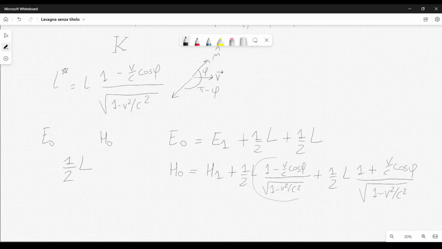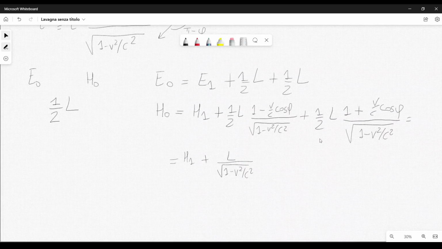Now if we put these two together, we simply get that this is equal to H1 plus L divided by the square root of 1 minus V squared over C squared, like this.